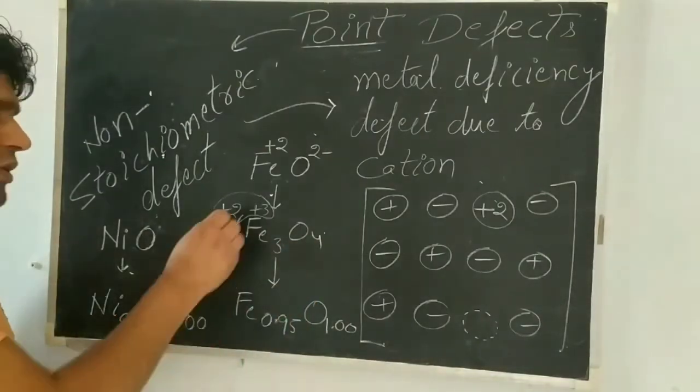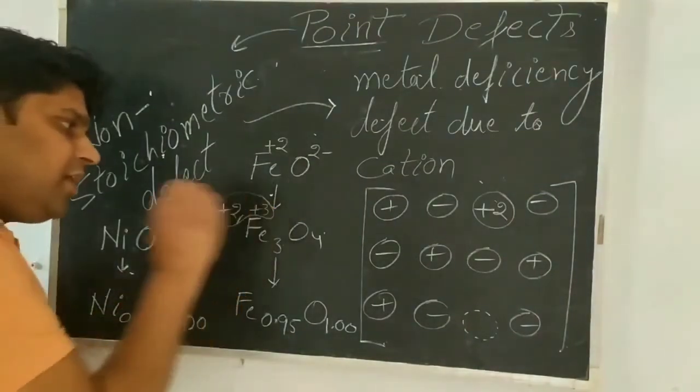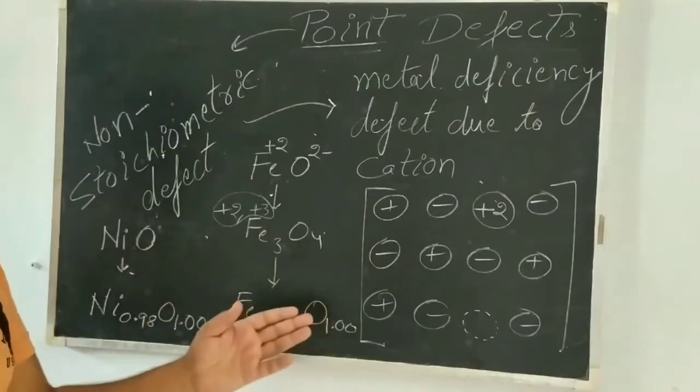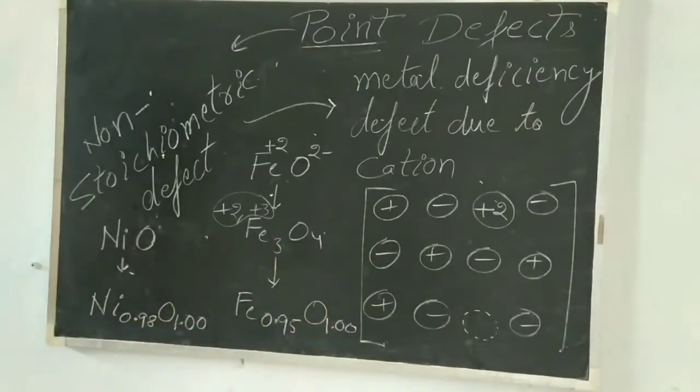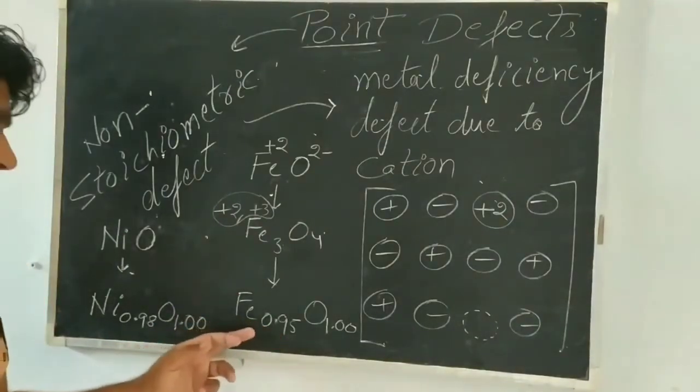Some of the Fe2+ cations are displaced by Fe3+ cations and it becomes Fe3O4.